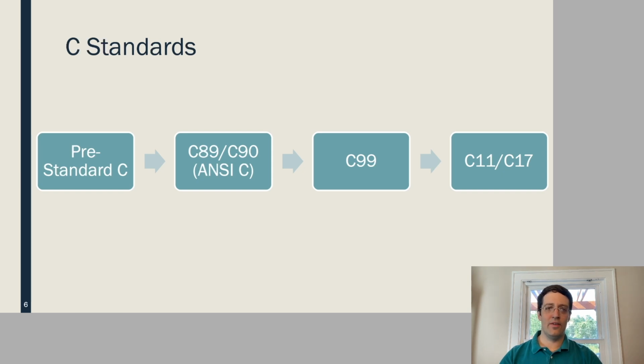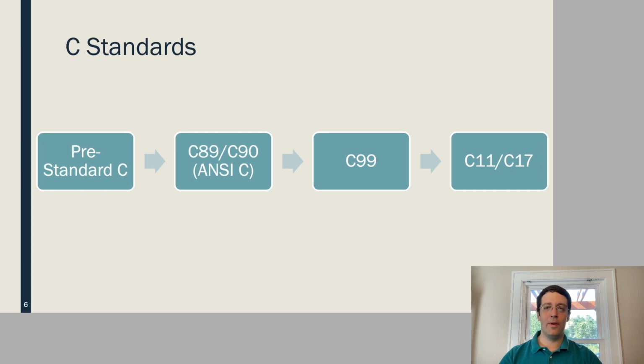And they published a standard in 1989, so it's called C89 or ANSI-C for the American National Standards Institute. And then in 1990, essentially the same language standard, just reworded a little, was adopted as an international standard by ISO. So that version is called C90, but C89 or C90 are essentially the same language.